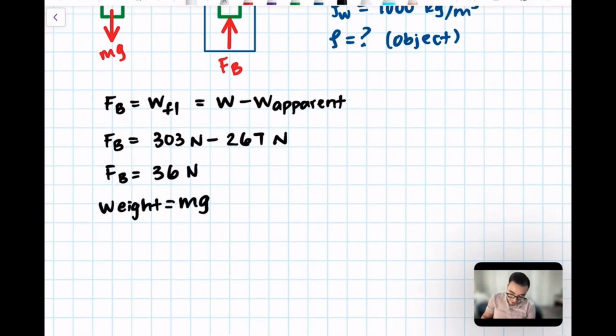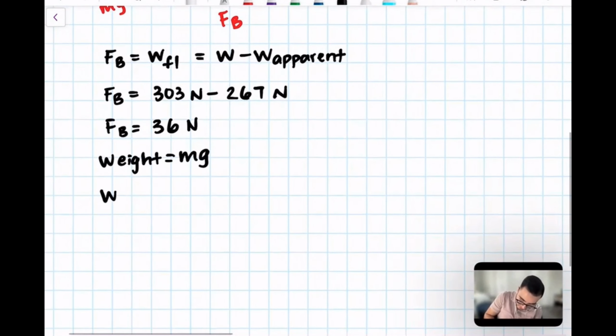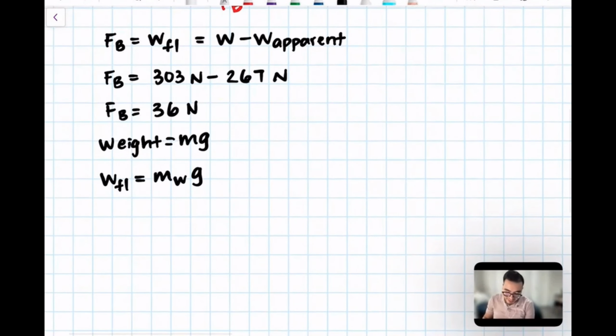Well, then we can say that the weight of the displaced fluid, in this case the water, would be the mass of the water times the acceleration of gravity. And we know how to describe the mass of a fluid in terms of its density, because density is equal to mass divided by volume.